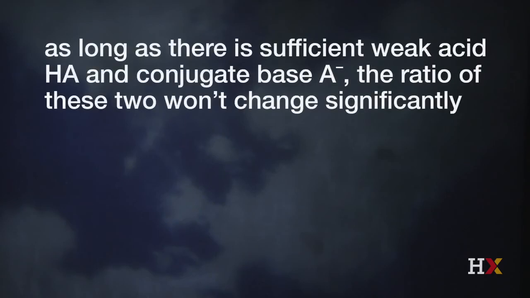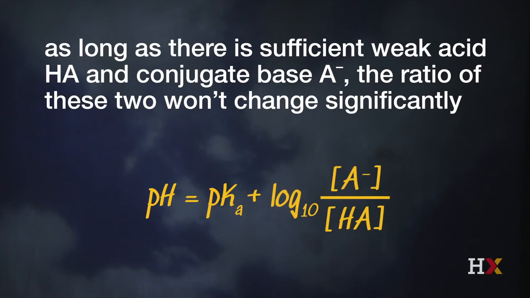So to first order, as long as sufficient weak acid HA and conjugate base A minus is available, the ratio of these two, that is the conjugate base and the weak acid, won't change significantly. And the point there is that when we write out this equation, pH is equal to pKa plus log of the concentration of that conjugate base divided by the acid, as long as these quantities do not depart dramatically from 1, we can calculate immediately what the pH of that mixture is.